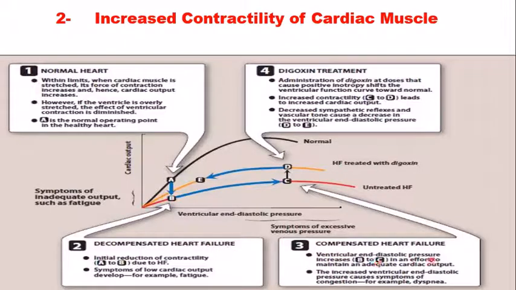Ventricular end-diastolic pressure increases from point B to point C. If the contractility decreases in heart failure, cardiac output decreases, and the heart becomes fatigued or fails. The heart will try to compensate, so ventricular end-diastolic pressure increases in an effort to maintain adequate cardiac output.